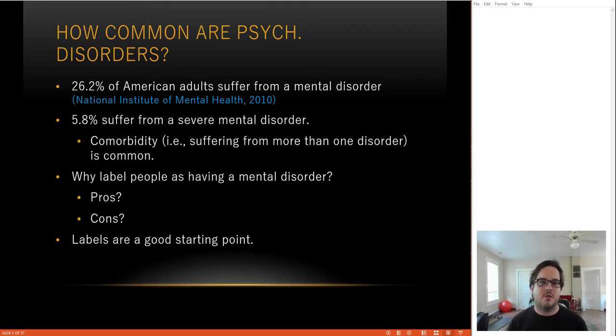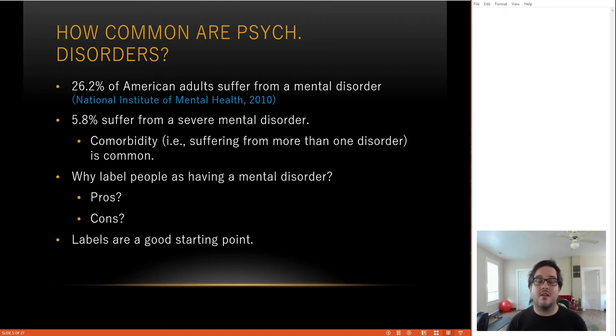It's useful to label a certain psychological disorder because if you yourself have one, then it can give you, first off, the ability to relate with other people who may be suffering from something very similar, but then it allows doctors and clinicians to give certain types of interventions that tend to work for people who have that psychological disorder.